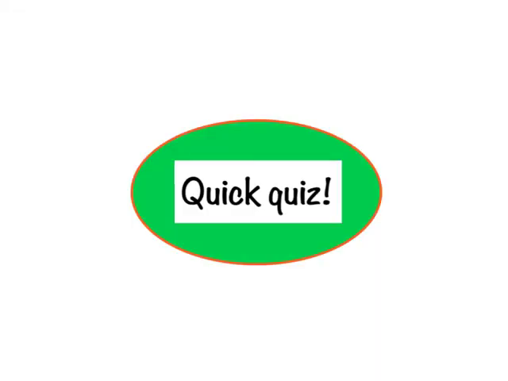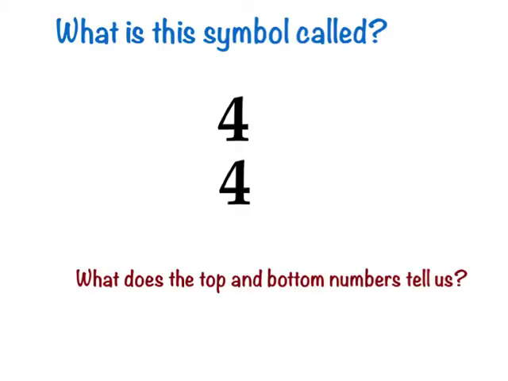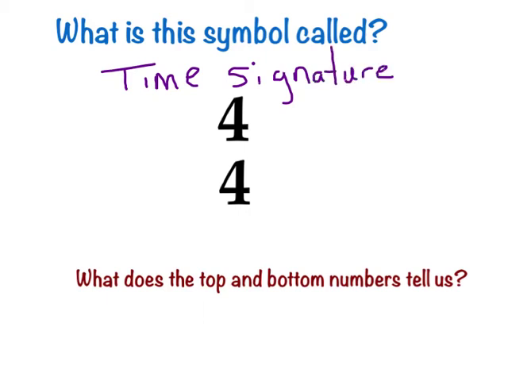Ready for another quiz? What is this symbol called? This symbol is called a time signature. If you guess time signature, you are correct. What does the top and bottom numbers tell us?